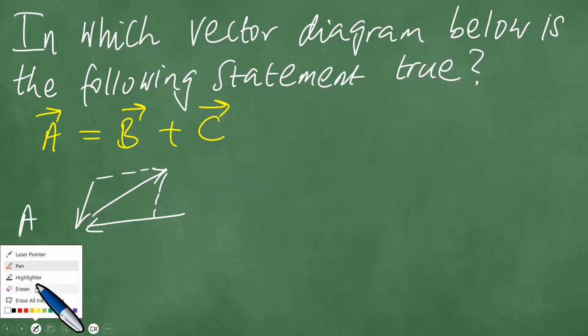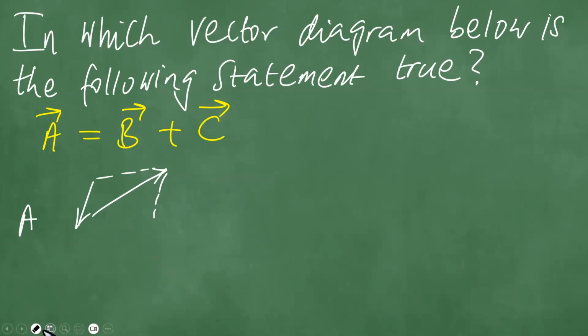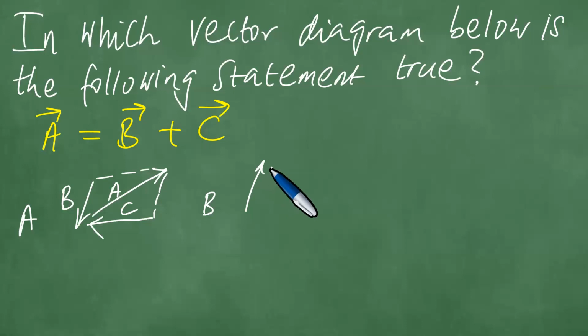Okay, so you have this. B. Okay, this is exactly what we have. And then there's another vector diagram B. You have a force that acts like that, or a vector in that direction. There's another vector in this direction, and another vector in that direction.